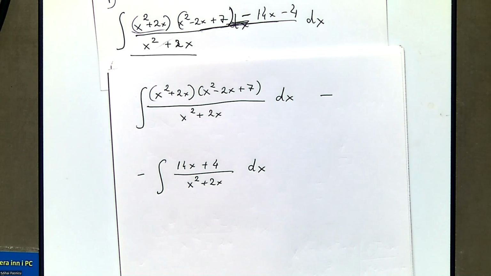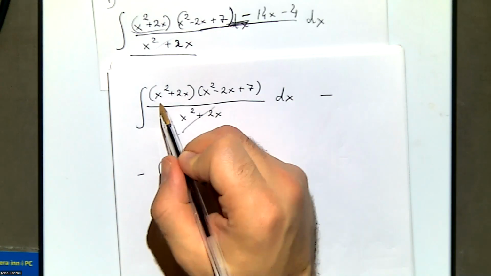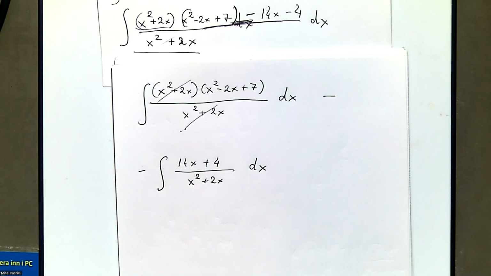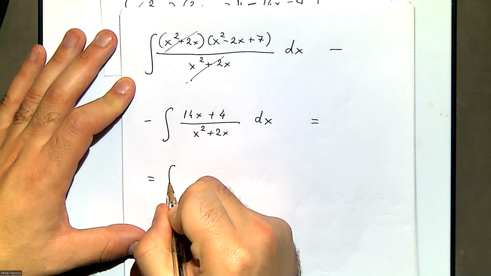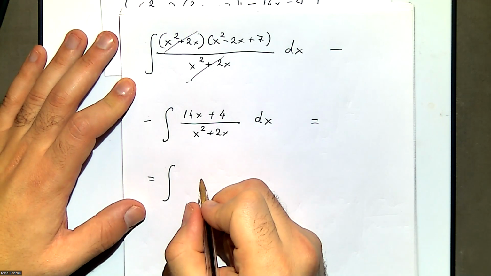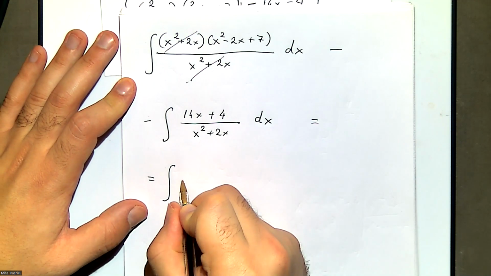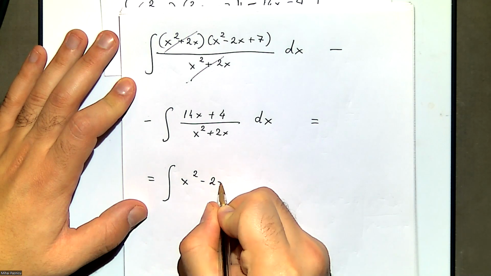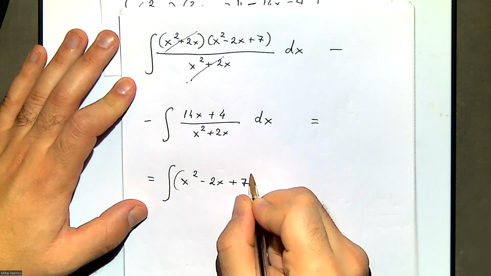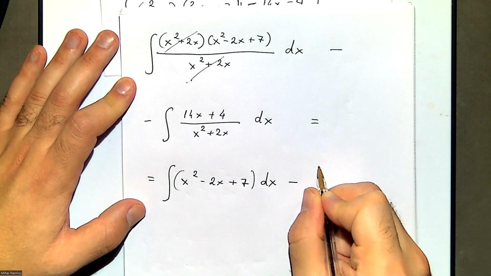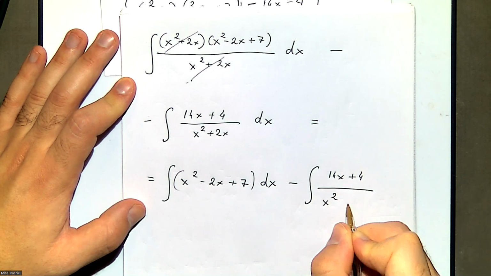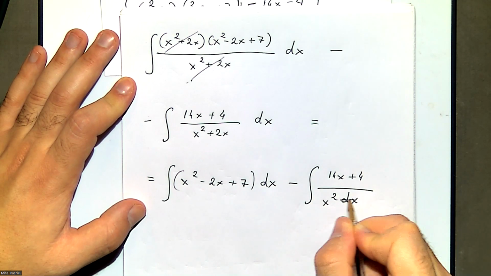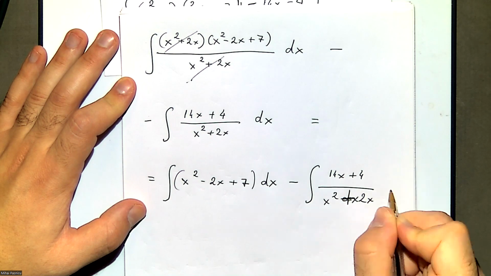And now the whole idea of this problem was that I can now simplify x squared plus 2x here. And what I'm stuck with is the integral of x squared minus 2x plus 7 dx minus the integral of 14x plus 4 over x squared plus 2x dx.